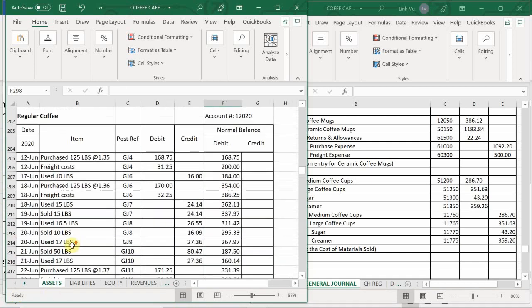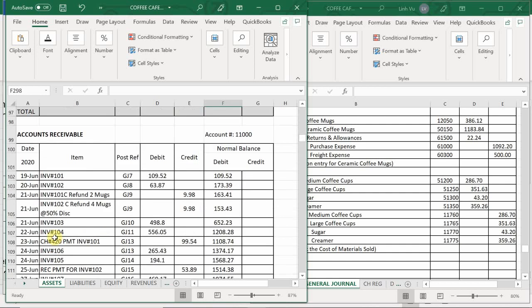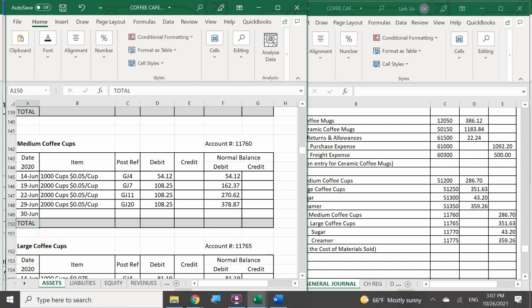Then we need to adjust our business supplies because we no longer have these amounts. Here's the first one. You can write as much detail as you'd like in here. In this case, we sold 5,297 cups.